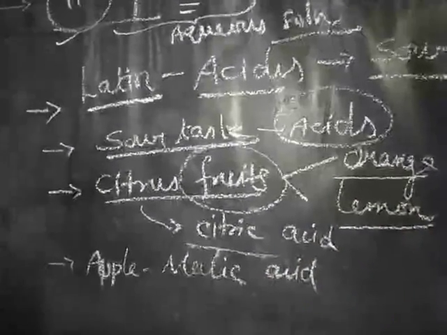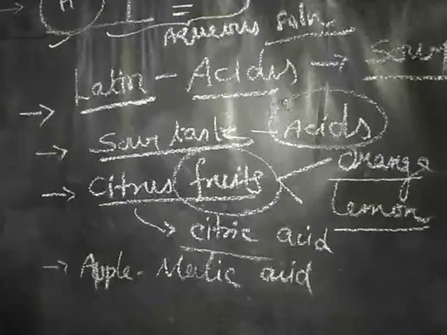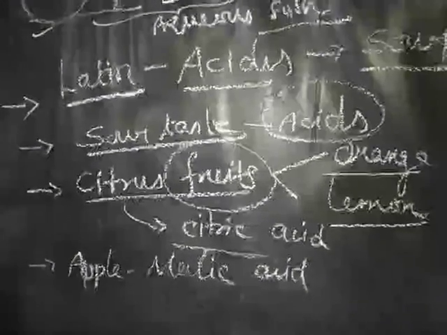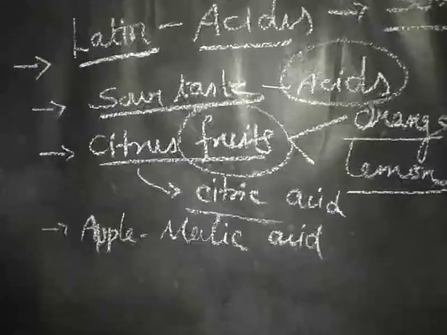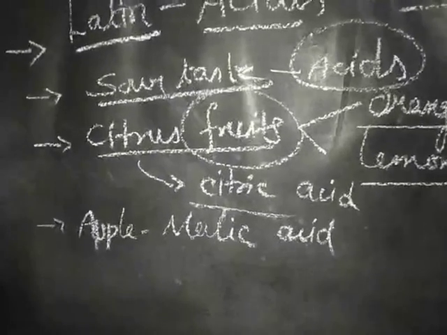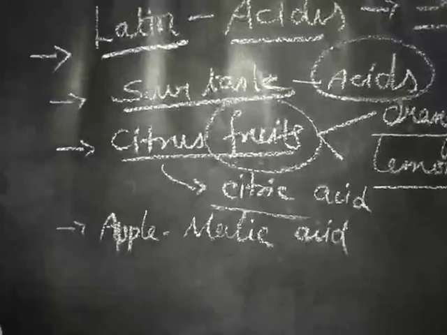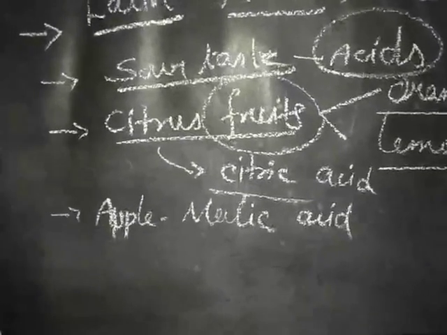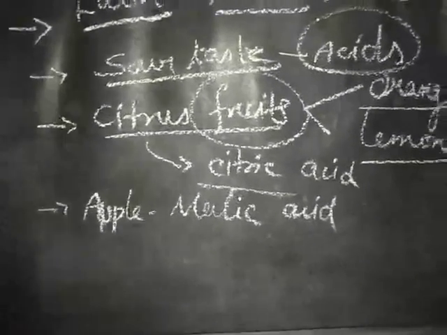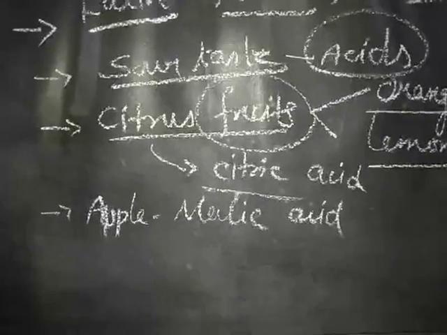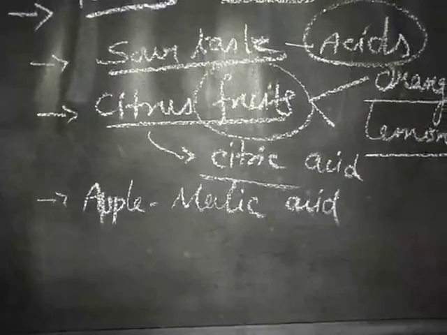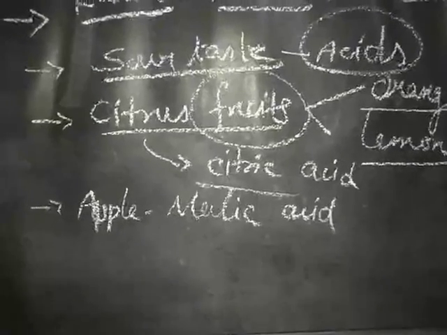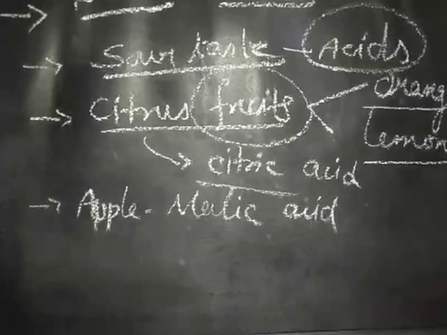In the same way, apple contains malic acid, grape contains tartaric acid, vinegar contains acetic acid, curd contains lactic acid, stomach juice contains hydrochloric acid, and ant sting contains formic acid. These are the acids present in different food materials and other materials. Next, an explanation about acids.